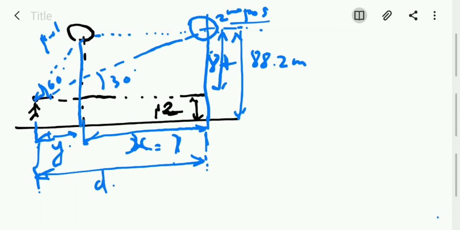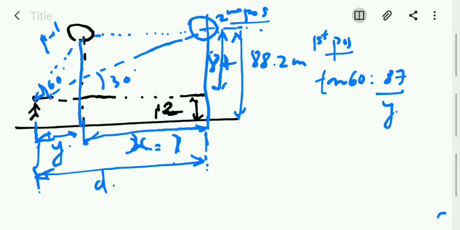So from the first position, what I have is tan 60 equals 87 by y. Easy. So this is the first position: tan 60, this is 87, by y.